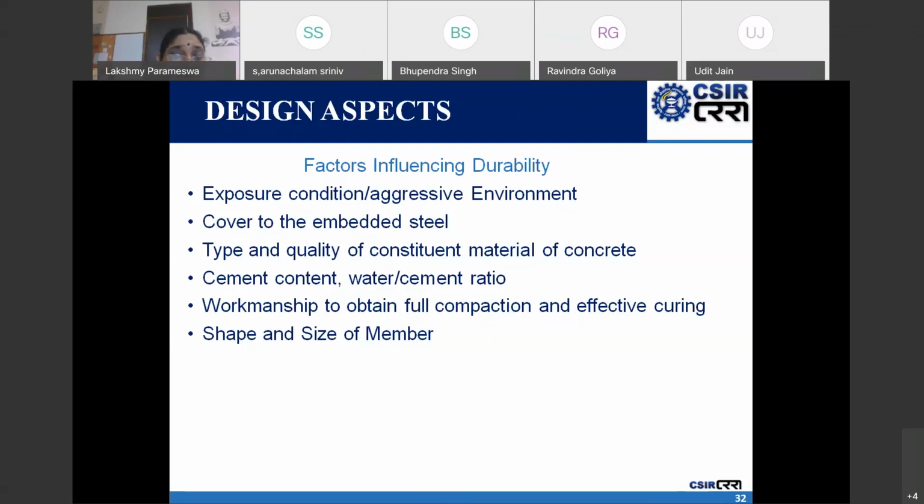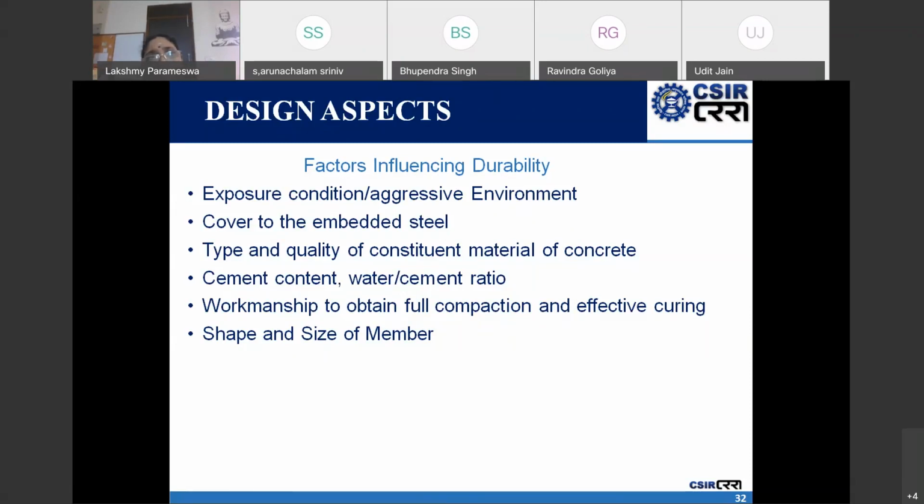After the concrete element is cast, about the compaction, curing and other aspects also we have to pay a lot of attention. That is, the workmanship also needs to be paid a lot of attention.